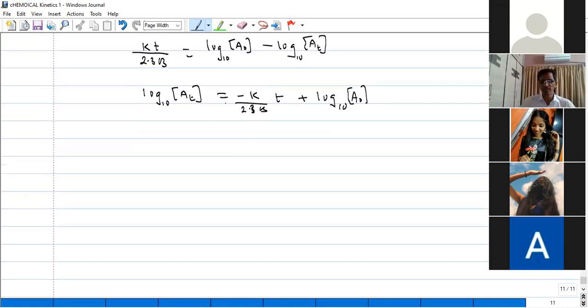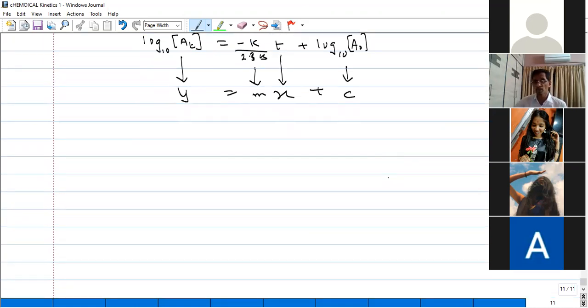If you see, this is also the equation of a straight line. This is y, this is m, this is x, this is c. y is equal to mx plus c. But the value of m is negative, minus k upon 2.303.